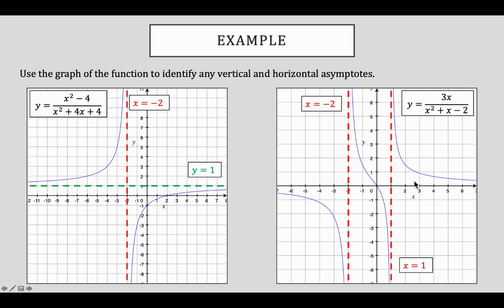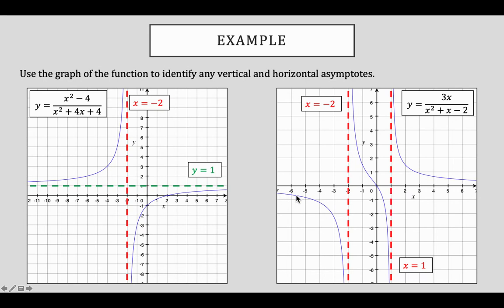Now, to find our horizontal asymptote, we need to look at the end behavior of the graph. Well, as my x values go to positive infinity, as the graph goes to the right, the y values of the graph get closer and closer to 0. Similarly, as the x values go to negative infinity, the y values of the graph get closer and closer to 0 as well.